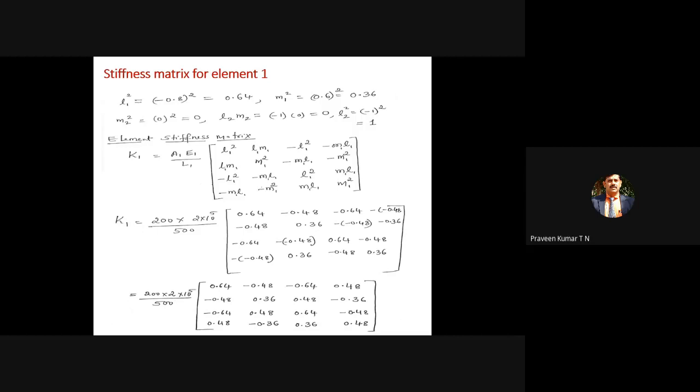Some terms, these four terms, are negative, and the right bottommost terms are positive. So instead of writing 0.8 into minus 0.8 into minus 0.8, find L1 square, LM, and M1 square separately and substitute all the values directly in the stiffness matrix. You have already derived this stiffness matrix K1. Once you derive it, my strong suggestion is to find L1 square, L1 M1 separately, outside the matrix.